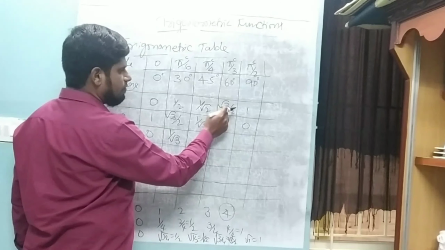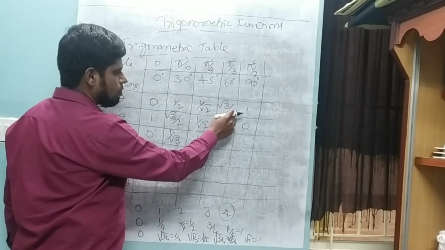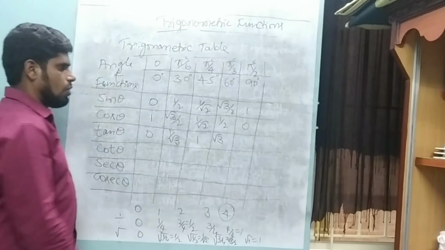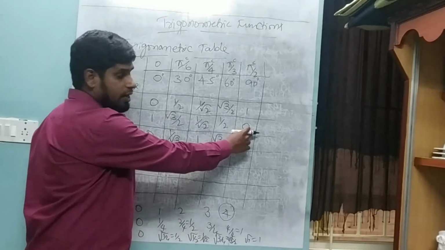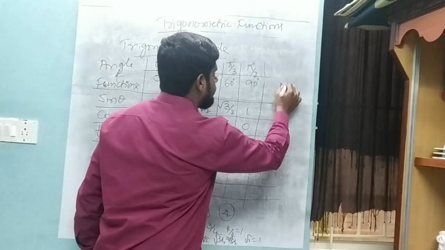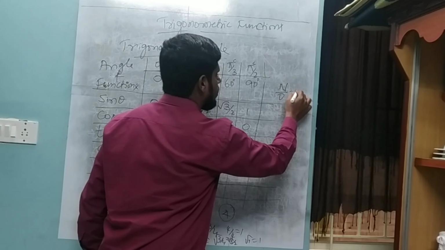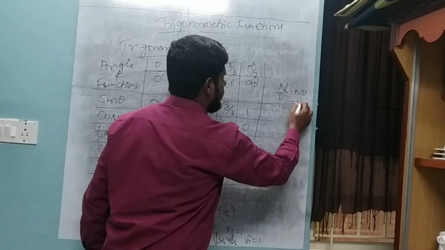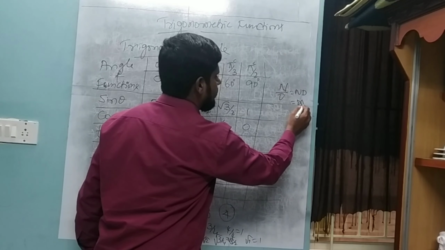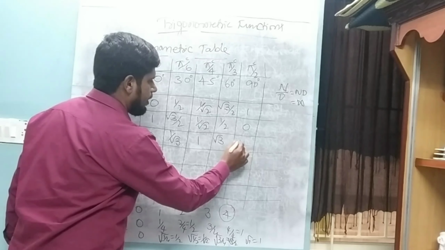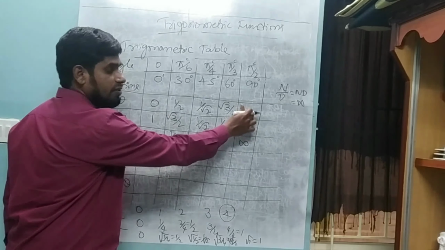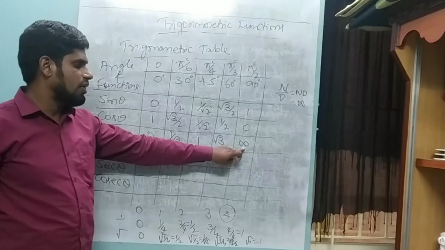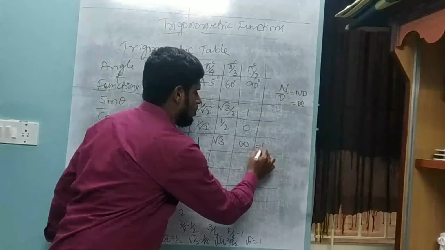Then root 3 by 2 divided by 1 by 2, 2 gets cancelled, root 3 by 1, or simply root 3. 1 divided by 0: students, any number divided by 0 is not defined, and we can simply denote this as infinity. So tan 90 is infinity because it is 1 divided by 0. If 0 comes in the denominator, that is not defined, ND.